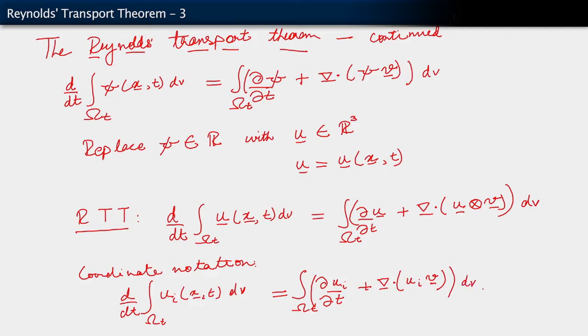But now you observe that what we have here is essentially a vector of the form u_i v1, u_i v2, and u_i v3.